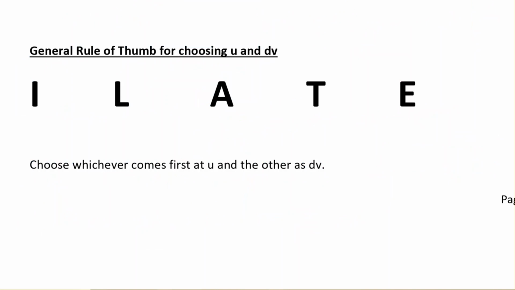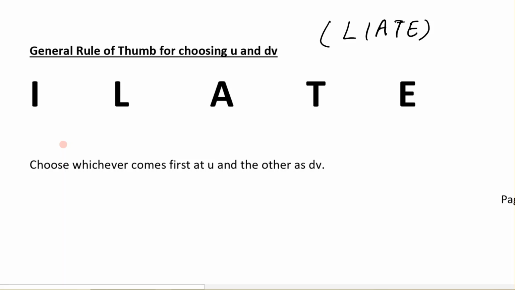I have told you that you need to choose the term as u which becomes simpler upon differentiation. But there is a rule of thumb that you can use to choose between u and dv. One method that is prevalent is called ILATE. You go by this mnemonic ILATE, or sometimes people even use LIATE. Whatever works for you, you can use any of them.